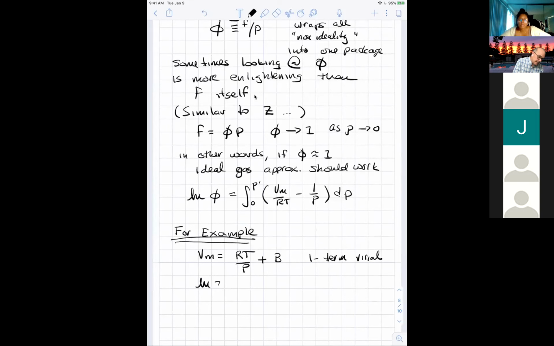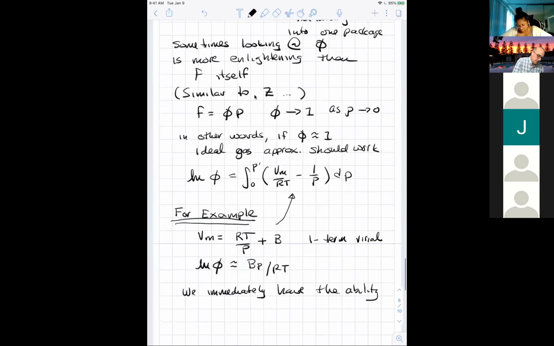What we can say then is that the log of the fugacity coefficient is approximately BP over RT. And if you put this into here and integrate, you should be able to come up with that, right? It's not a hard integration. So we immediately have the ability to calculate this fugacity coefficient.